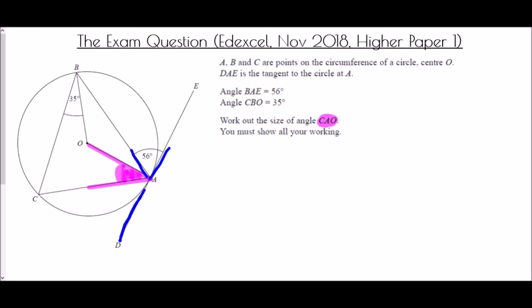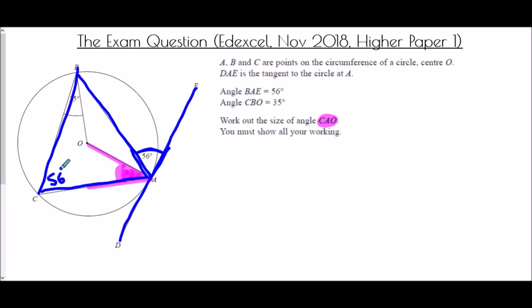Well, we have a tangent. If we have a tangent, that is a suggestion straight away that we want to be thinking about alternate segments or 90-degree angles. And what we have here is an angle created with a triangle. Now that is quite clearly suggesting that we have an alternate segment, and an alternate segment tells us that we have equal angles.